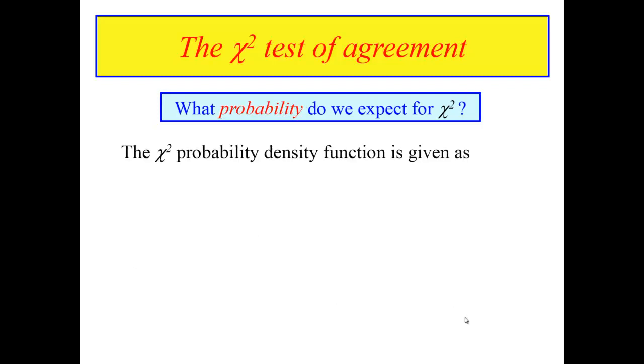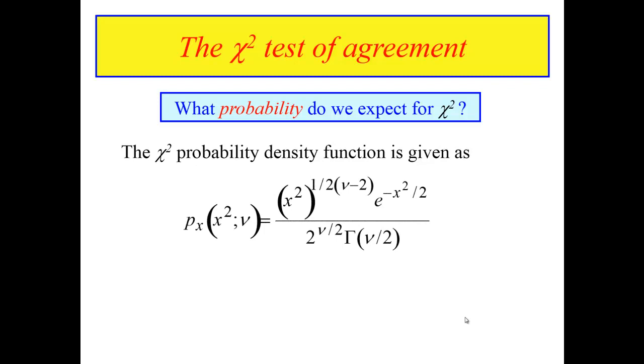And there's one more thing to add to what was talked about in Chapter 4 that we can do in order to test to see if our value of chi-square is a reasonable one. The rule of thumb, of course, is reduced chi-square should be about 1. But how close to 1 does it have to be? There is a probability function for the chi-square distribution that's given by this.